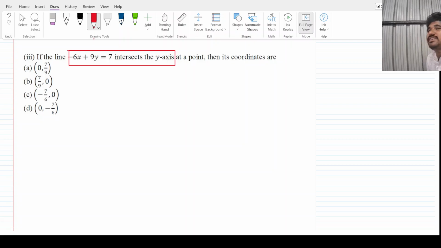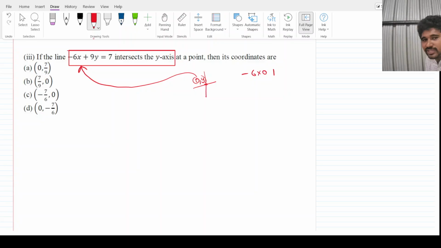When somebody is intersecting the y-axis, a point will come, and the point has x value as 0 and y value as y only. Yes or no? What is the x value? 0. Substitute that 0 in this equation and get the y value.